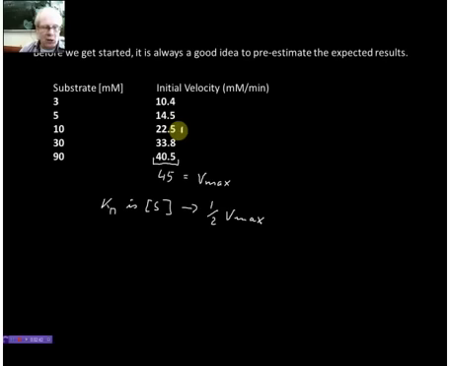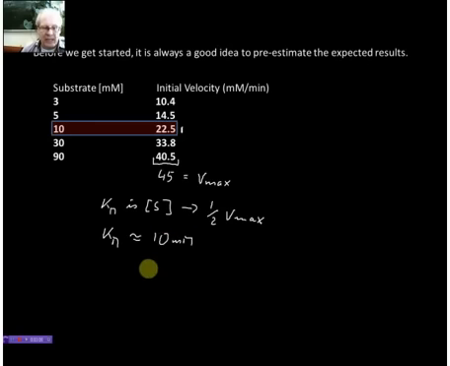And the corresponding substrate concentration would be 10 millimolar. So that is, here is substrate concentration. And therefore we can say we estimate Km to be in the order of 10 millimolar. Because this substrate concentration of 10 millimolar gives us half of Vmax.